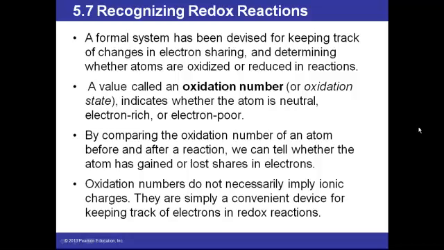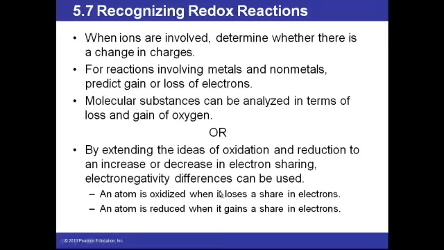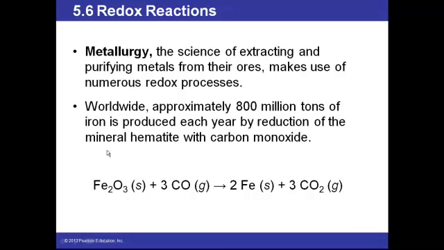So we evaluated the oxidation number of the carbon in the last reaction that we just looked at, with this reaction of the hematite to purify pure iron from this compound. We said that the iron is becoming reduced and the carbon is becoming oxidized. It's the one that's losing those electrons.